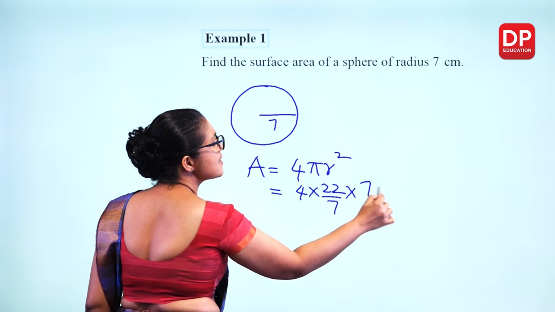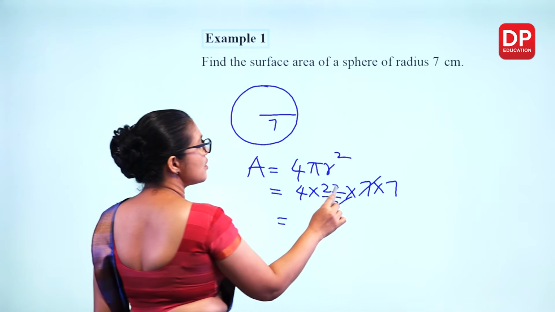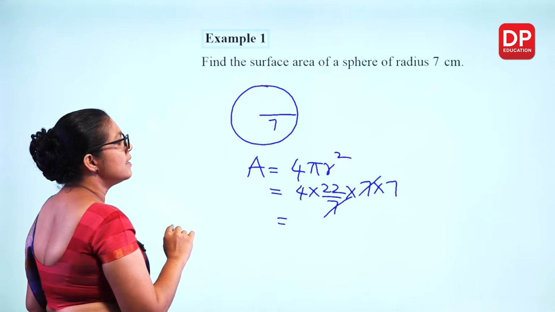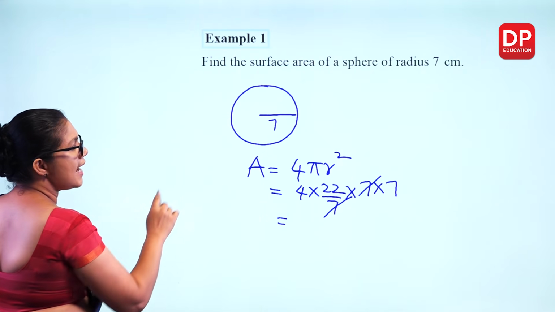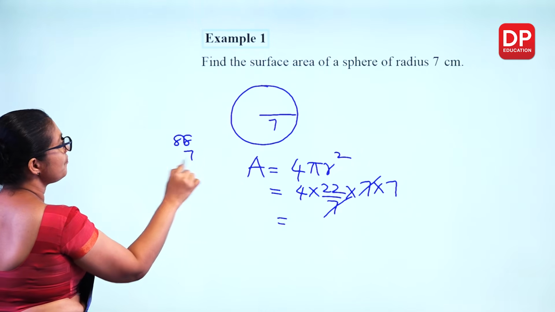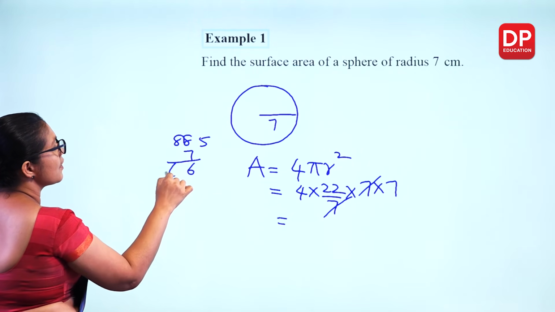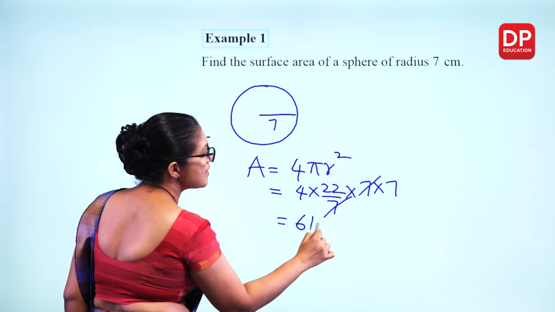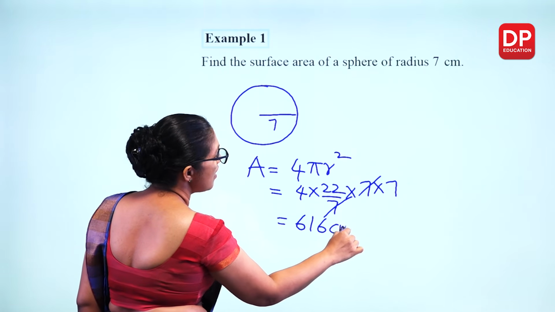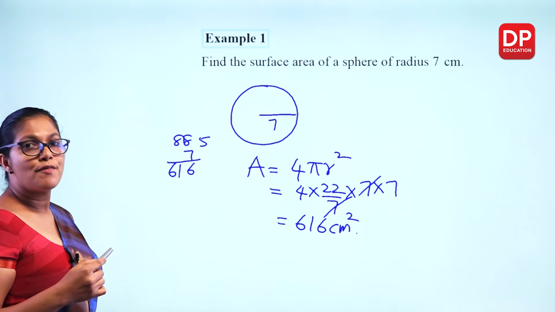The radius is given as 7. Now simplify. You get 22 times 4, 88 times 7. So you get 616 square centimeters as the surface area of the sphere.